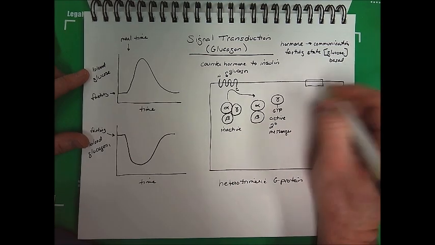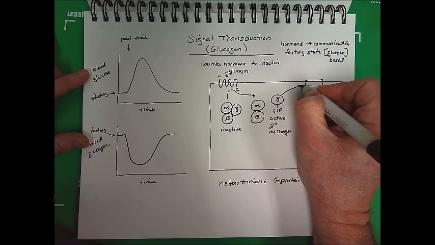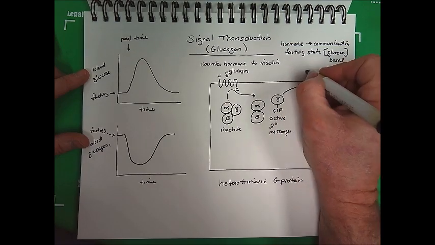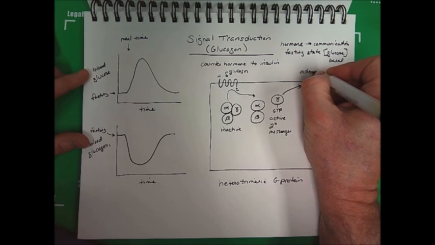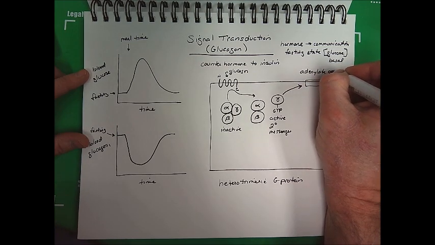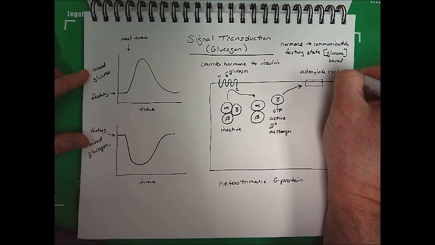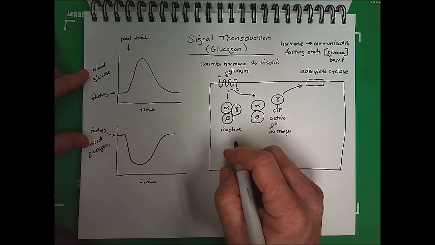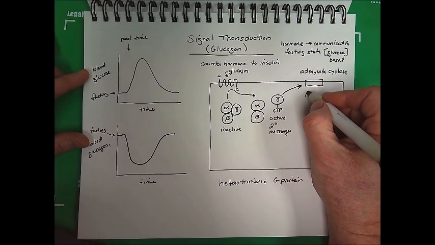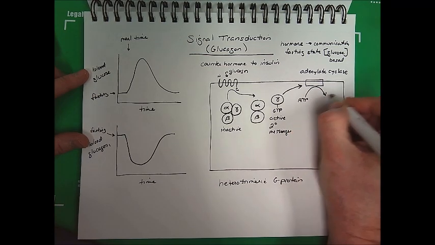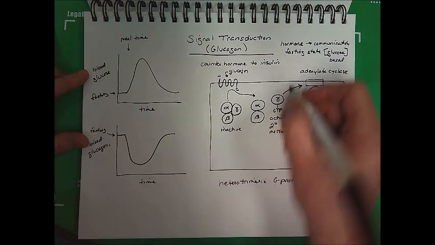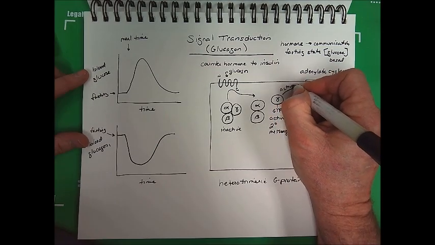What this messenger does is it activates an enzyme that is associated with the cell surface called adenylate cyclase. The job of adenylate cyclase is to convert ATP into cyclic AMP. So this is an activation step.